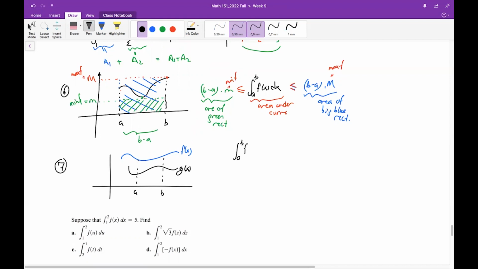So a to b of f of x is the area under the blue curve, and a to b of g of x is the area under the black curve.